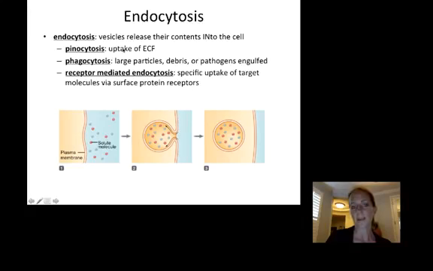Pinocytosis is when the cell takes in fluid. Phagocytosis is when the cell takes in large particles, debris, or say large bacteria into the cell. And the more complex one we're not really going to get into is receptor-mediated endocytosis, where you're taking in a particular molecule based on binding to some protein receptors in the membrane.